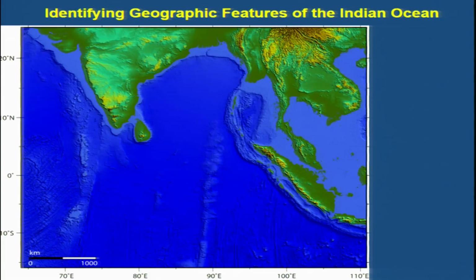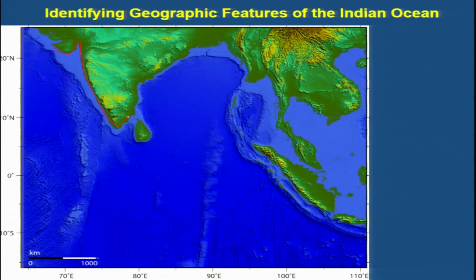So now let's move ahead towards mapping. So this is an SRTM image, and here if you look at this image, you can have an idea of the most prominent features and the well known landmass like India.